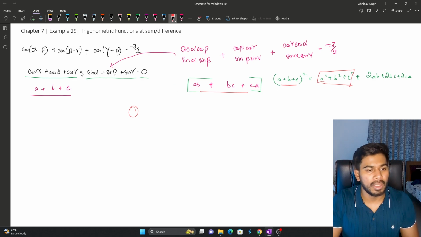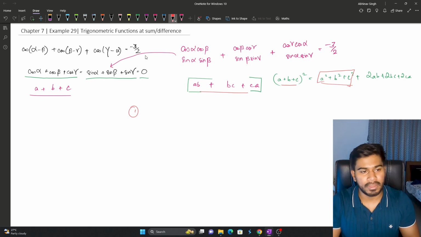Let me tell you. You are given one equation and you have to prove something in the form of x is equal to y is equal to 0. So this given equation will boil down into something which should be x square plus y square is equal to 0, because in that case you can say that x is 0 and y is 0.